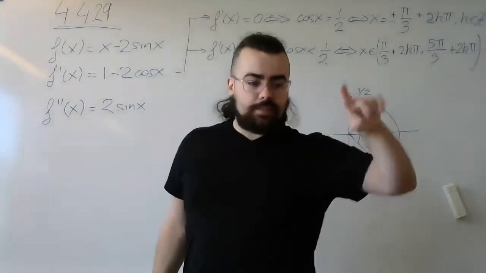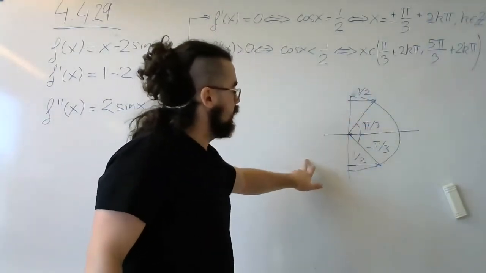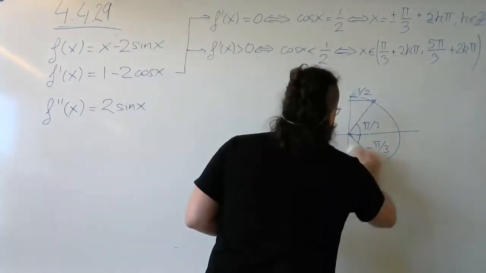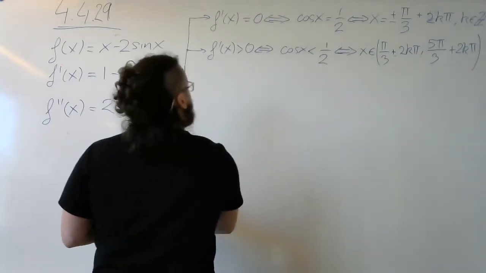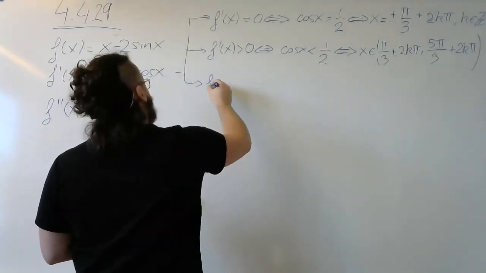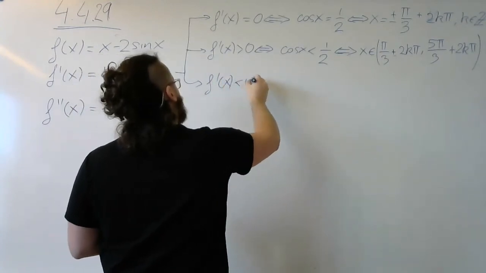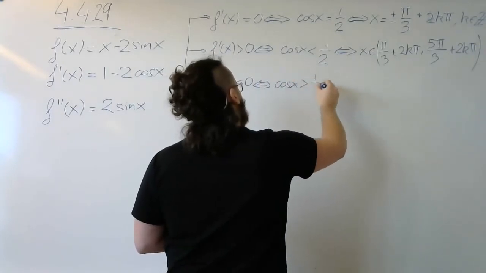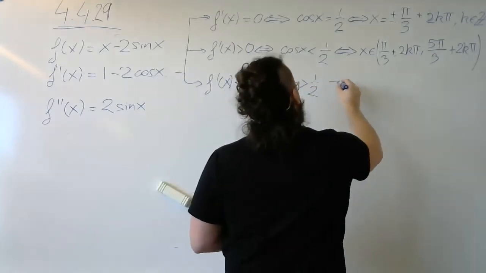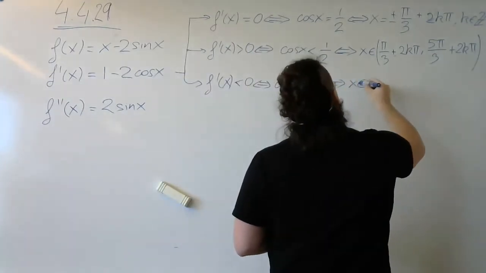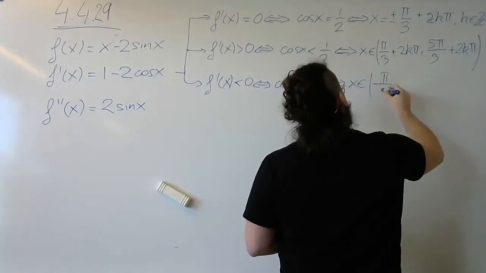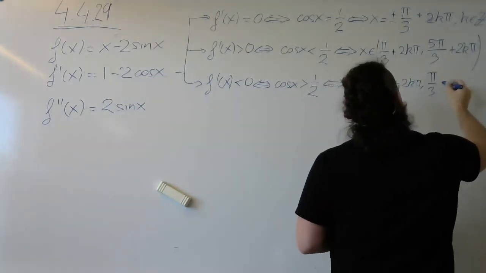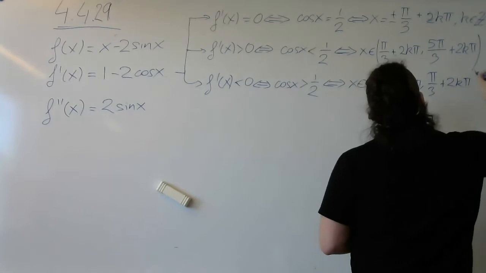This is the range of all these angles who have cosine smaller than 1/2. So those are the increasing intervals. We're going to see the decreasing intervals as well. And here x belongs to minus pi thirds plus 2k pi, pi thirds plus 2k pi.